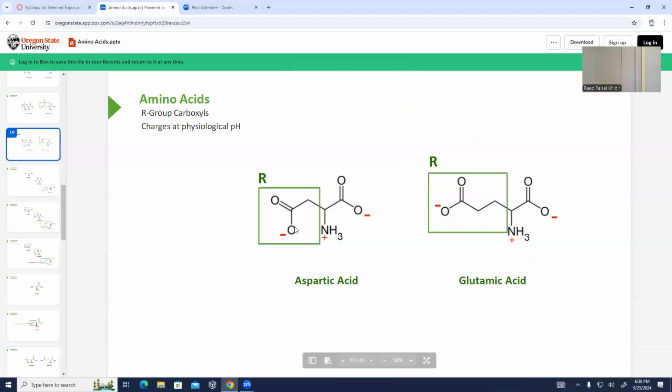But with aspartic acid or glutamic acid, that O is going to become negative. O is always negative. So if you have an OH, that tells you at physiological pH, when these two cancel, you're not going to be allopathic, you're going to be charged. And what charge are you? Negative. Going to be negatively charged.